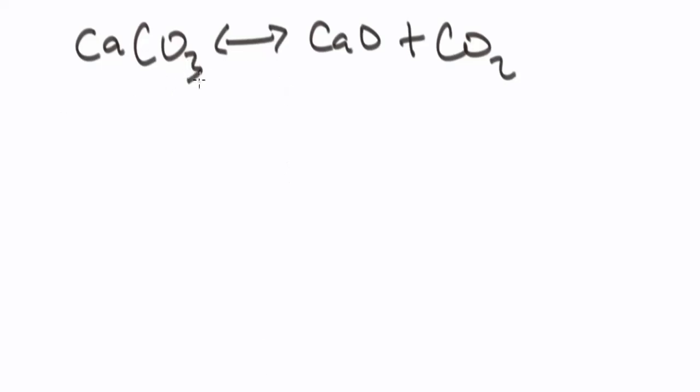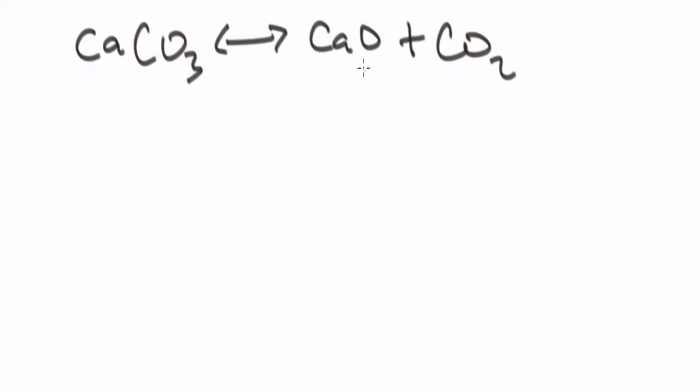In this kind of reaction, for the concentration factor, an increase in reactant concentration will cause the equilibrium position to shift from the left to the right, favoring the forward reaction, whereas a decrease in reactant concentration will cause the equilibrium position to shift from the right to the left, favoring the backward reaction.